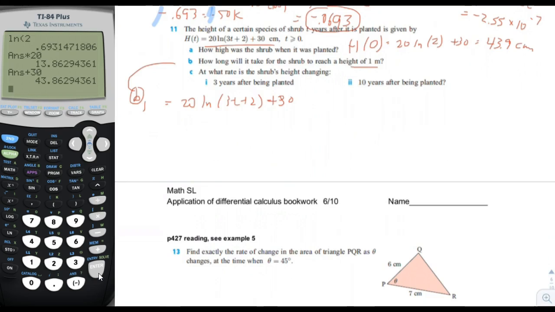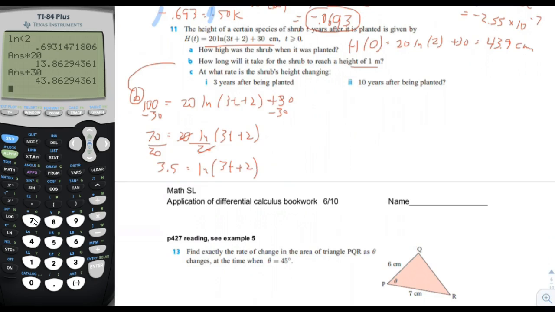And this function is in centimeters, so I'm going to put 100 there. Then I'm going to subtract 30 from both sides. And I'll get 70 equals 20 natural log 3t plus 2. And then I'm going to divide both sides by 20. So I have 7 divided by 2. These cancel out. 70 divided by 2 is the same thing as 7 divided by 2. It's 3.5, of course. Didn't need the calculator for that, did I?